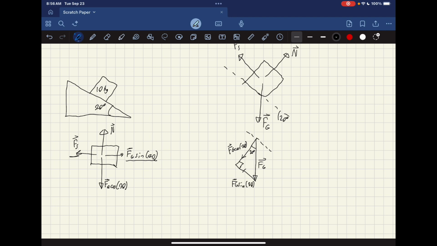So in general, the whole system doesn't move. That's a very common physics problem to see on your exams. Something like this, and then you're asked to calculate the force of static friction or maybe the coefficient of static friction. So I would familiarize yourself with problems like this as much as possible.